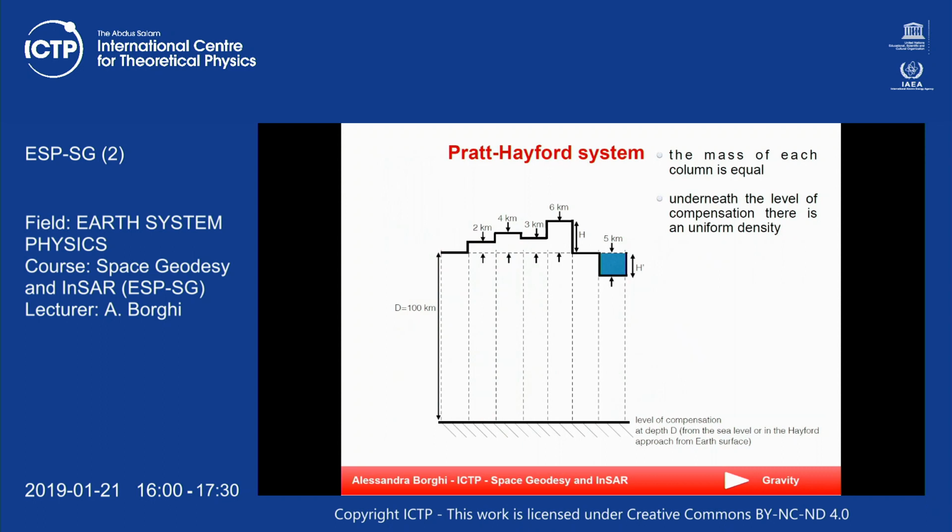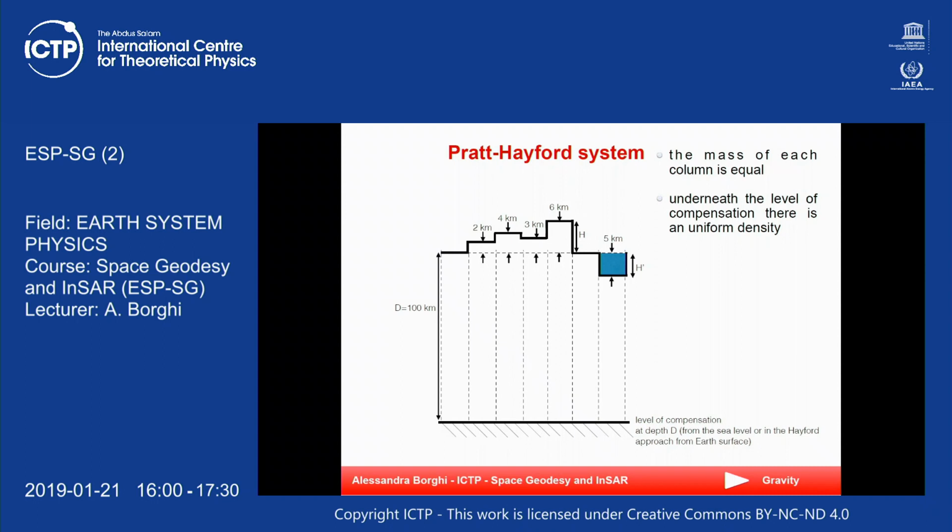In the Pratt-Hayford system, we have a constant level of compensation at a given distance, d. Often 30 kilometers is used as this depth. In this case, for instance, this is the geoid. We have some topography, and we have a basin, some sea.